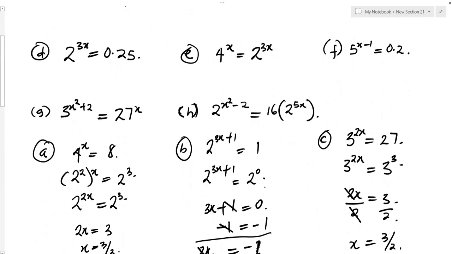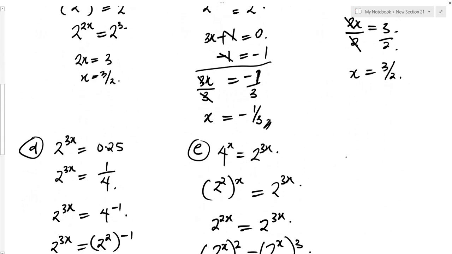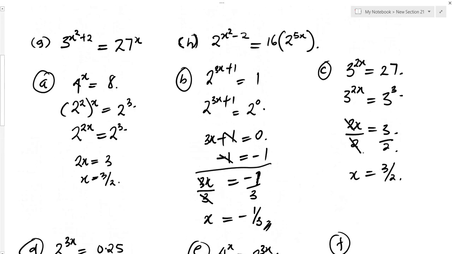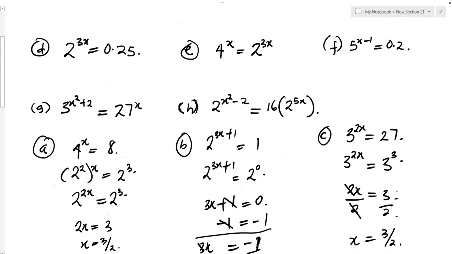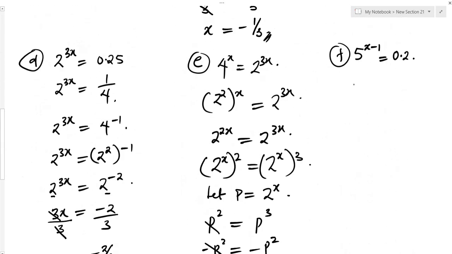Now the last and not the least is f. So 5 to the power of x minus 1 is equal to 0.2. Now 0.2 is the same thing as 1 all over 5.